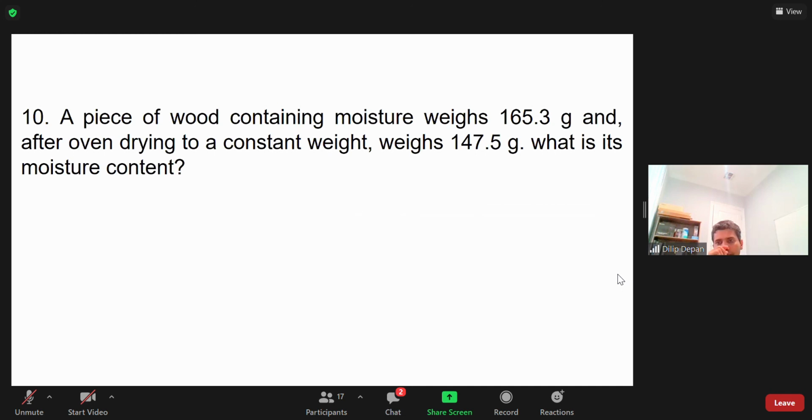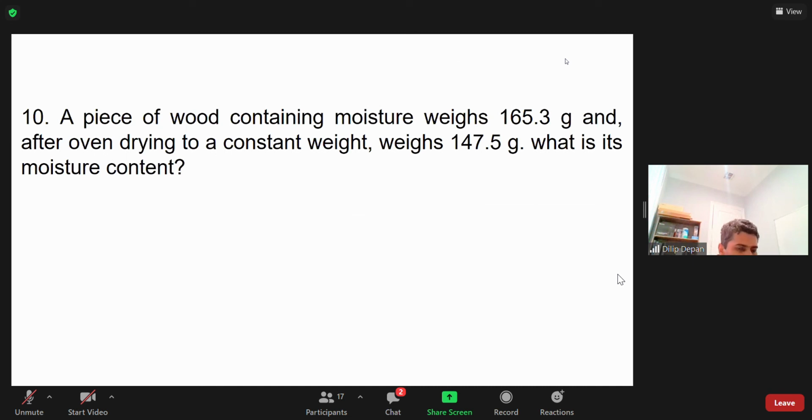A piece of wood containing moisture weighs 165.3 gram, and after oven drying to a constant weight, weighs around 147.5 gram. What is its moisture content? I would like you guys to calculate it and then let me know. I'll give you a couple of minutes to calculate.